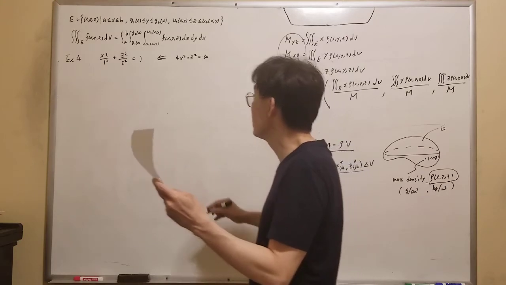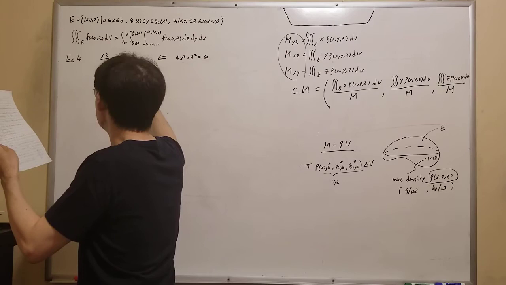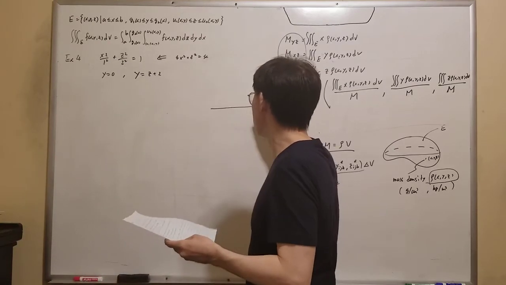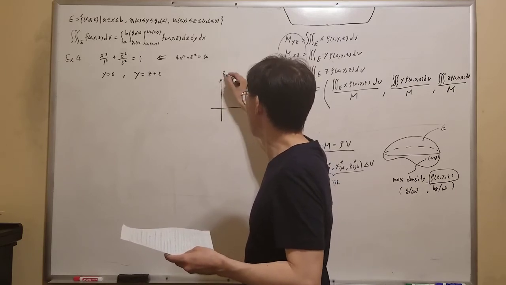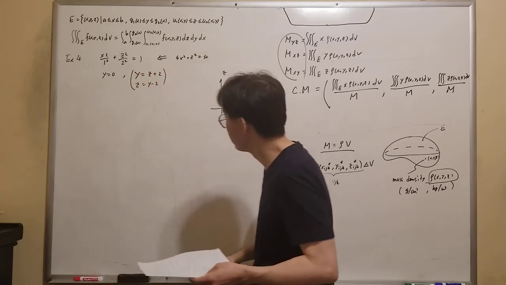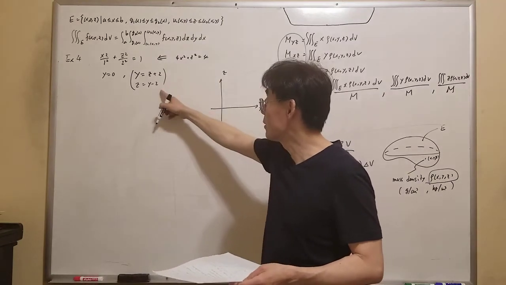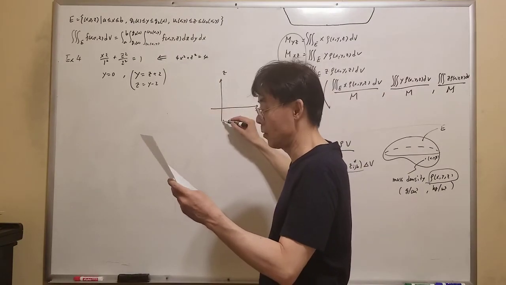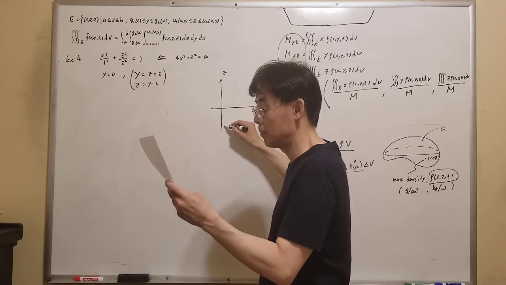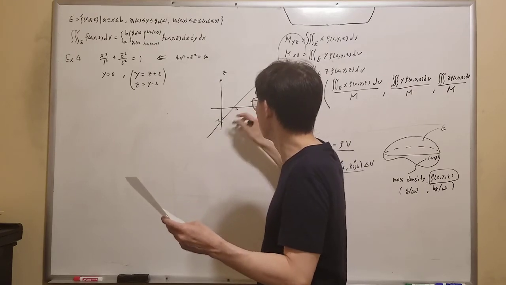And then the planes y equals 0 and y equals z plus 2. Y equals z plus 2, if you draw it this way, you can write it z equals y minus 2, right? If you consider z as like the y axis and y like the x axis, you're going like this, through negative 2 and 2.